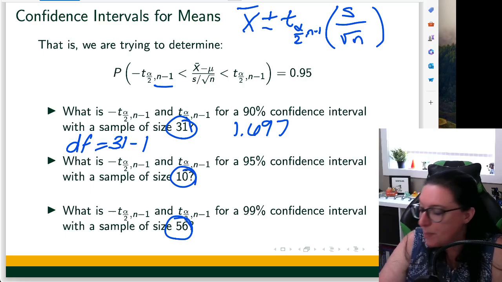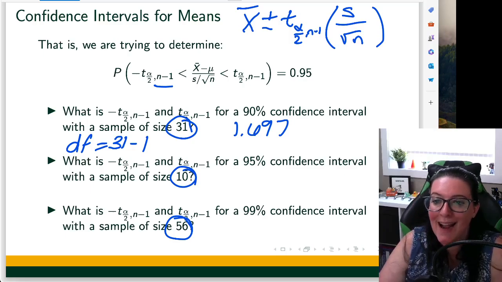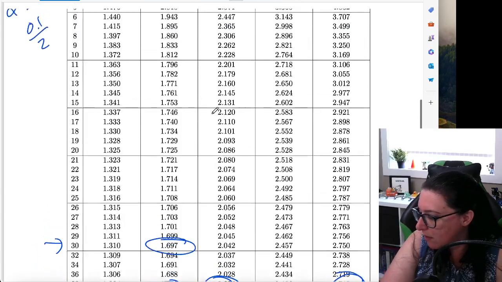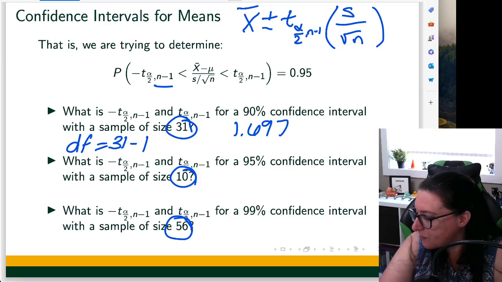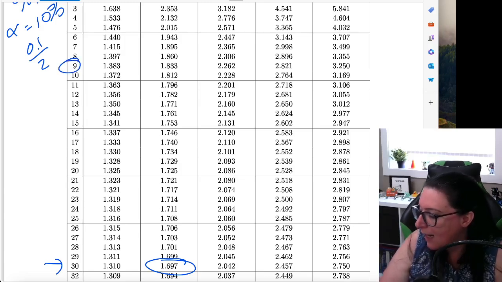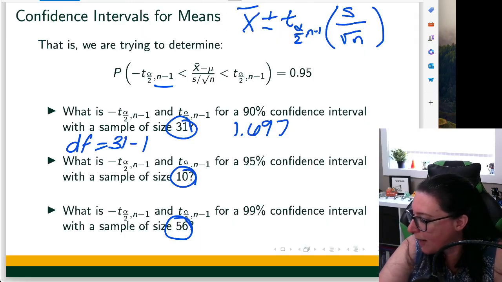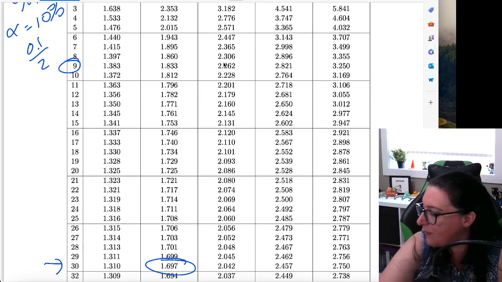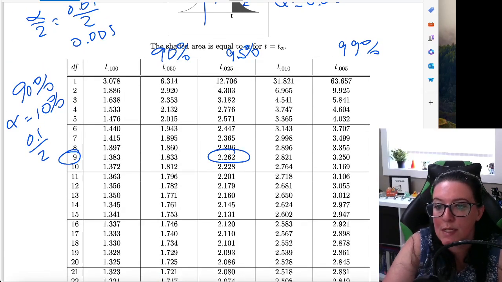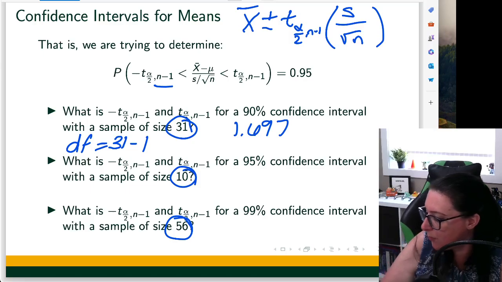What if we have a sample size of 10 and we want a 95% confidence interval? Then sample size of 10 means our degrees of freedom are 9. And we want to have a 95% confidence, so we go here, 95%, and we'll use a t of 2.262.